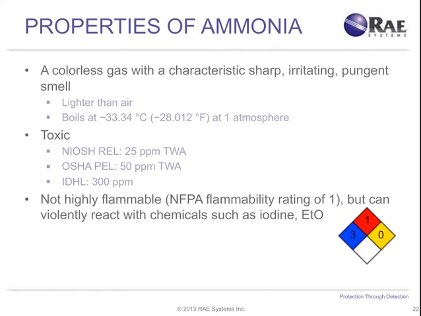So ammonia is toxic. Flammability is not necessarily a big concern. It is flammable, but not highly flammable, not as highly flammable as benzene, for example, or methane, or other combustible hydrocarbons. But ammonia can violently react with some chemicals, such as those containing iodine, for example.